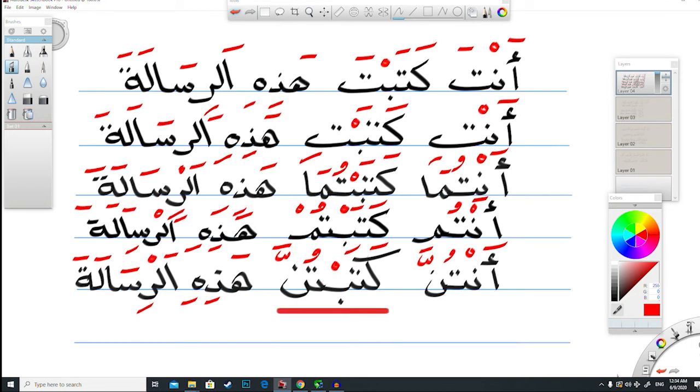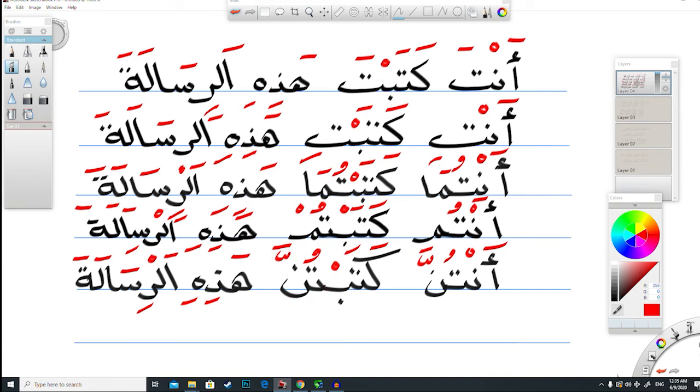Notice what we have added in both the plural masculine and the plural feminine for the past verb form. In the plural masculine, we added ta and mim, and in the plural feminine, we added ta and noon, in addition to shadda.